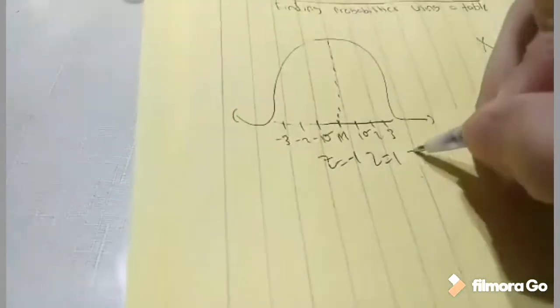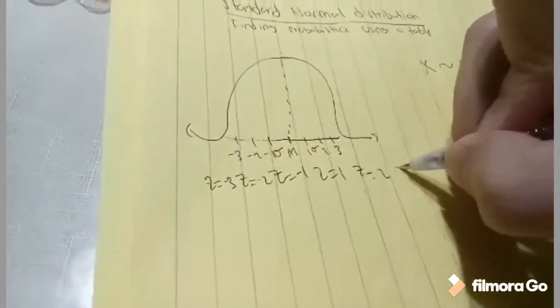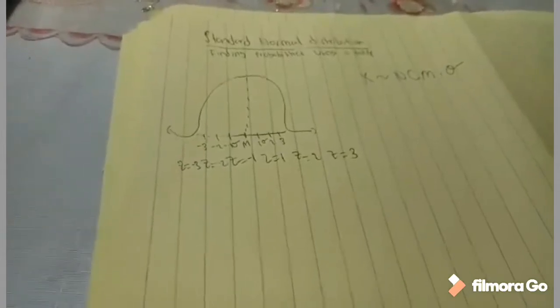So z = 2, z = -2, z = -3, z = 3, right there.